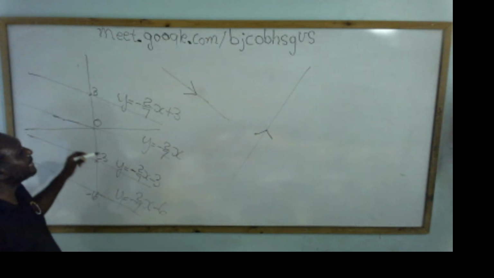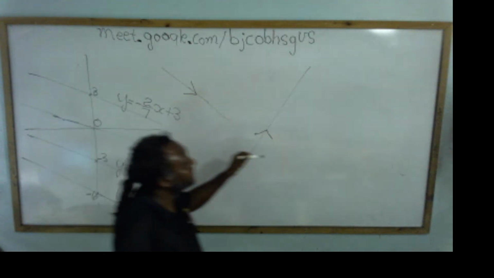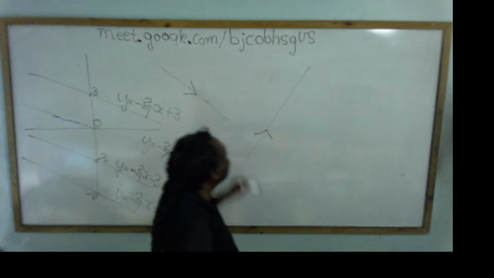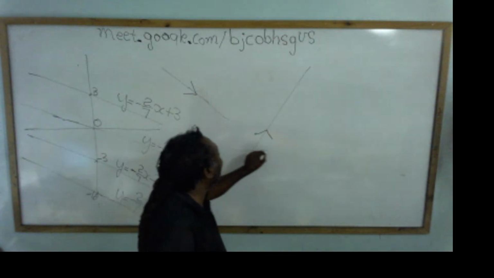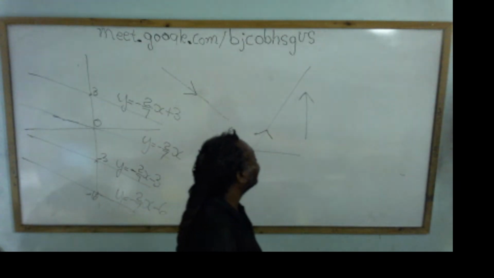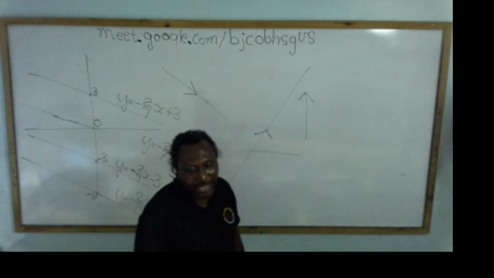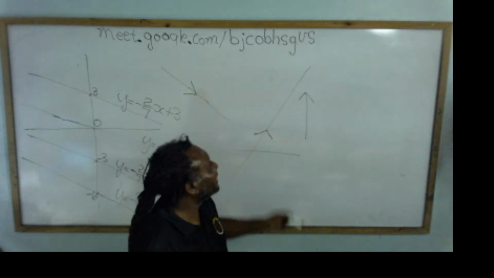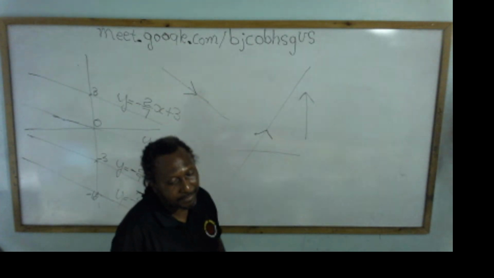So you are going in this direction like that. As you are going in this direction, what do you notice? The value of y is going up. Y is increasing. And because y is increasing, the gradient of that line is positive.